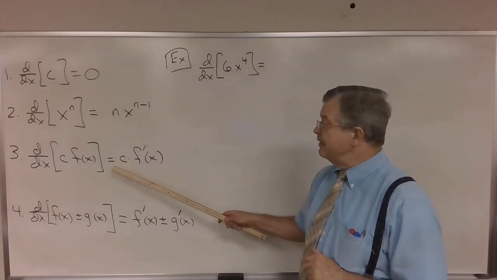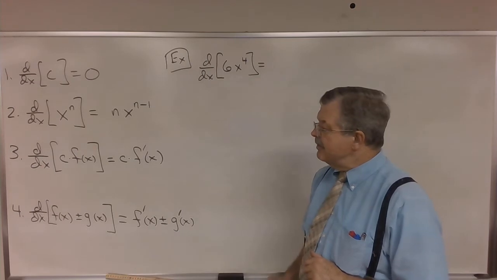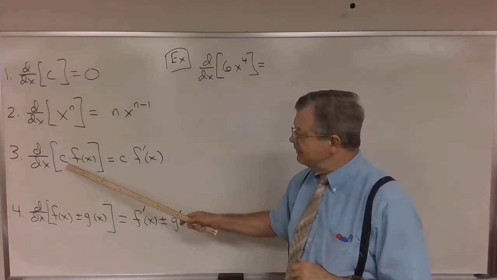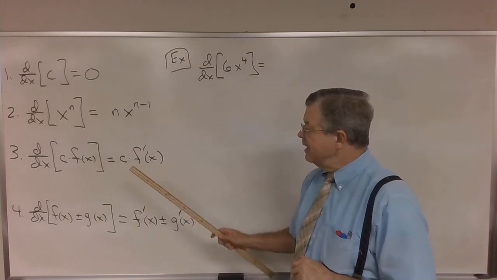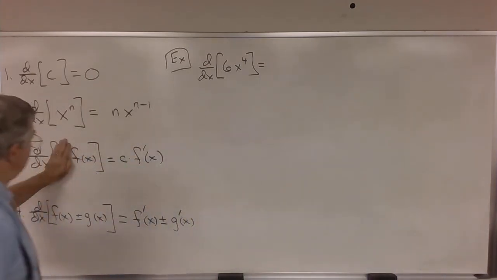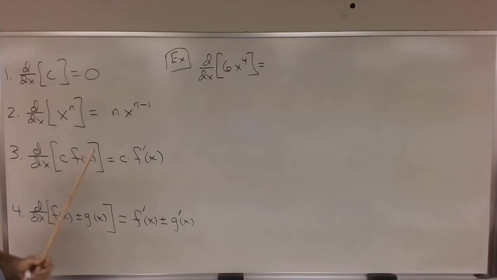But property number 3 tells us what to do. Property number 3 says that if we're computing the derivative of a constant times a function, then write the constant down and then compute the derivative of the function and multiply them together.